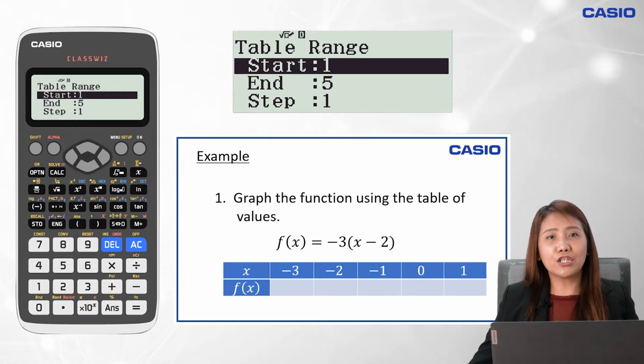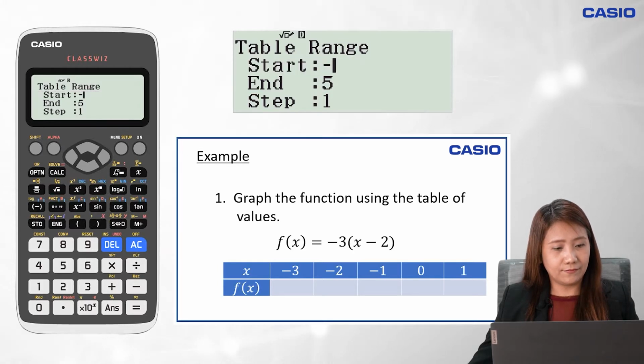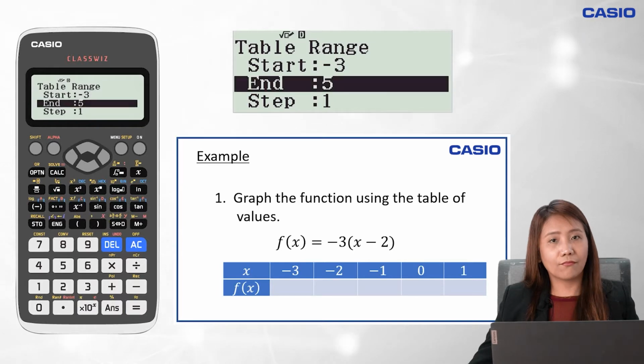For the table range, we follow the values from the given table. For a start, input the first value in the table, which is -3. Then press equal sign. For the end, input the last value in the table, and that is 1, and press equal sign.